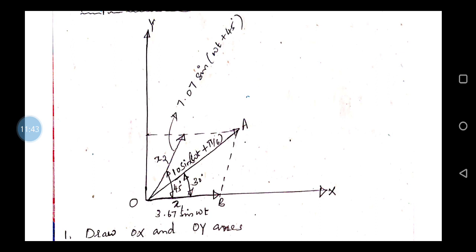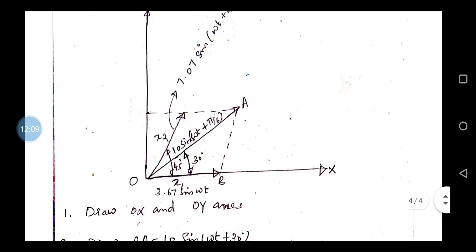It means draw a line of 10 centimeters at an angle of 30 degrees. Its starting point is the origin O, and the end point is A, at a distance of 10 centimeters. From the previous equations we know that OA makes an angle of 30 degrees with OX. So draw a 10 centimeter line OA at an angle of 30 degrees.